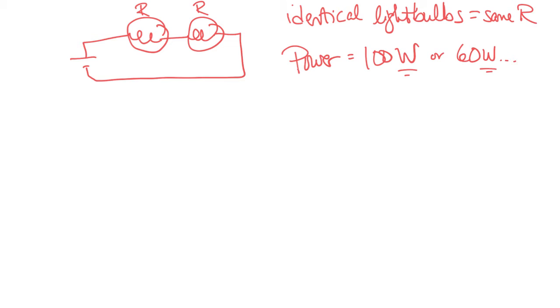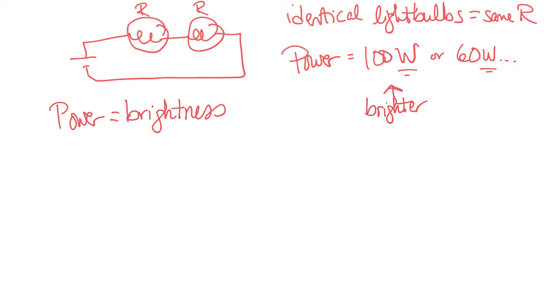When you think of a 100-watt light bulb versus a 60-watt light bulb, hopefully you realize that the 100-watt light bulb is brighter, okay? So oftentimes in questions, they'll ask about the brightness. And the brightness means power, okay?